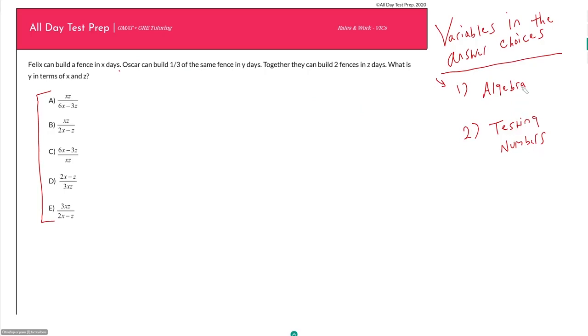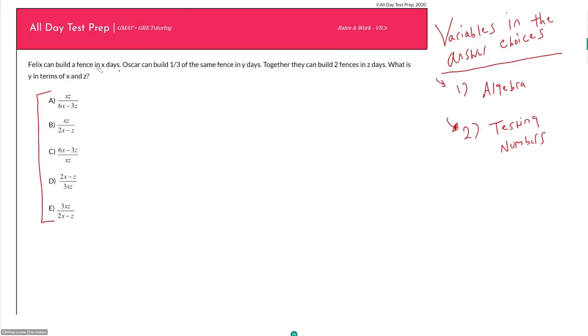Because in order to do something algebraically, you have to have a strategy for how you're going to do that. You have to know how you are going to translate your statements into algebra. So testing numbers really becomes the default option if you can't do it algebraically. And even if algebra is your preference, you probably shouldn't be doing it if you don't have a path forward. So let's see how we would do this one algebraically first, and then in the next video, I'll make one testing numbers.